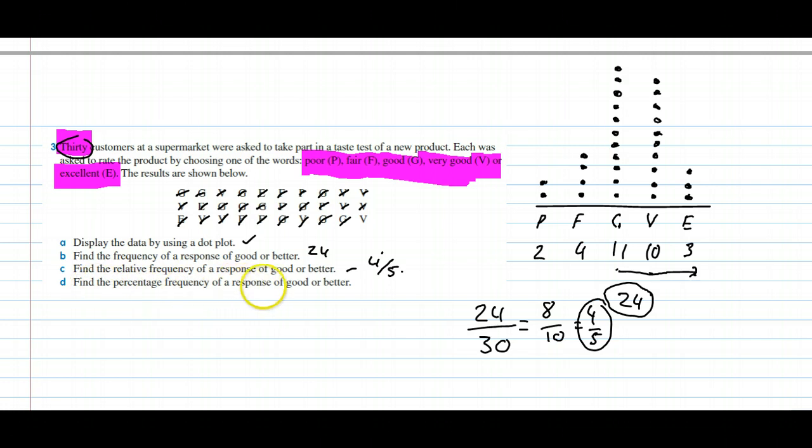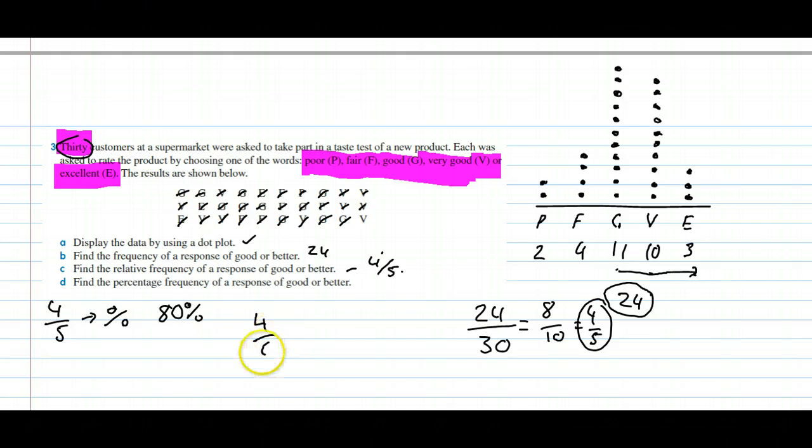Finally, find the percentage frequency of a response of good or better. So that just means we've got to take our relative frequency for responses of good or better, which was 4/5, and convert it into a percentage. Now if you're handy with percentages, you might be able to see straight away that that's 80%. But in order to calculate it, if you didn't know how to see that, the way to calculate it would be this.